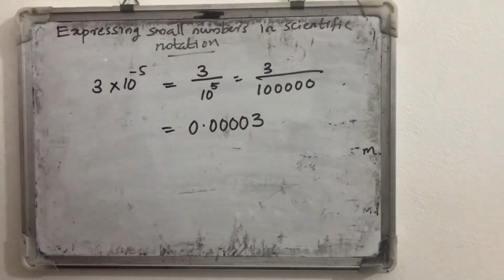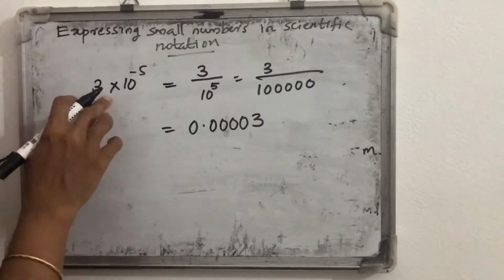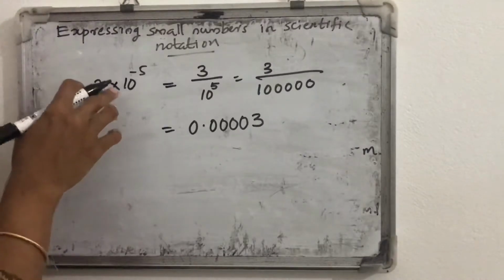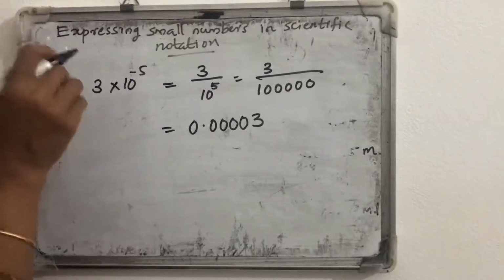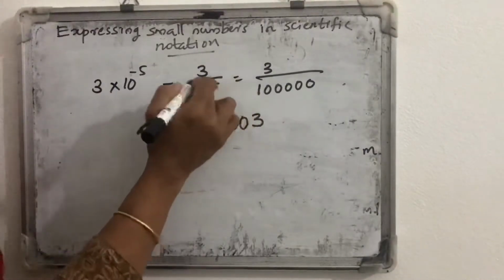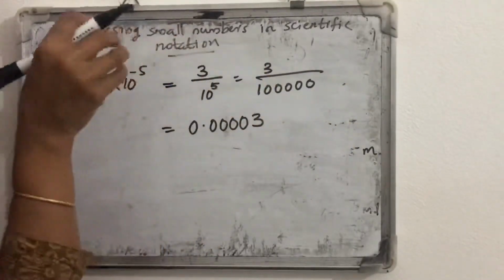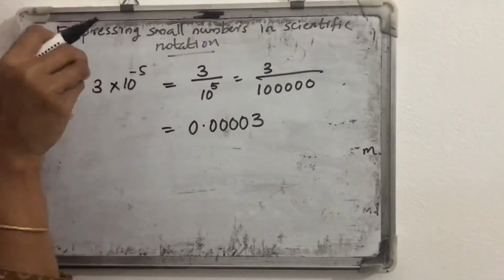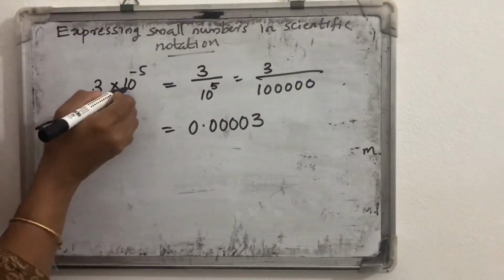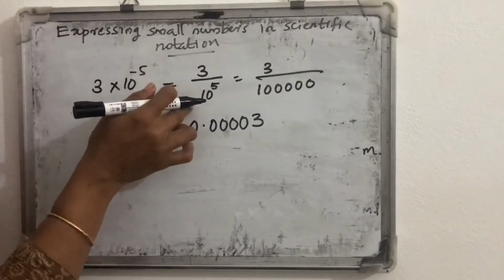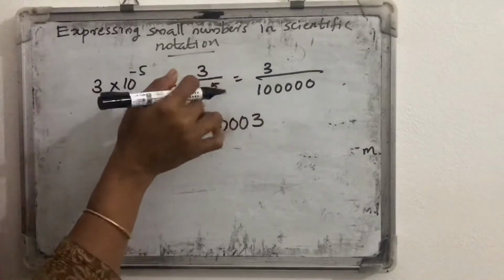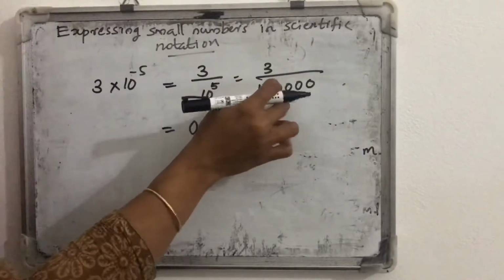In this way we can write a standard number in usual form. Actually you can think this way also without doing this, but to understand well the correct method: when we take the negative power, we can convert it into positive power like this, and its value is 10 raised to 5 is this.